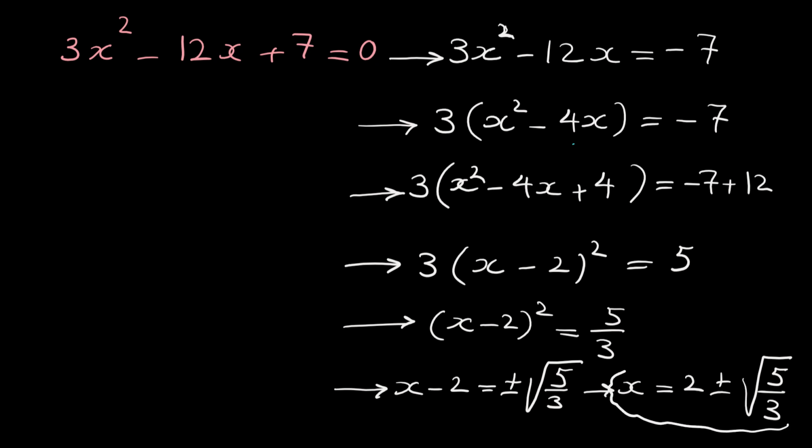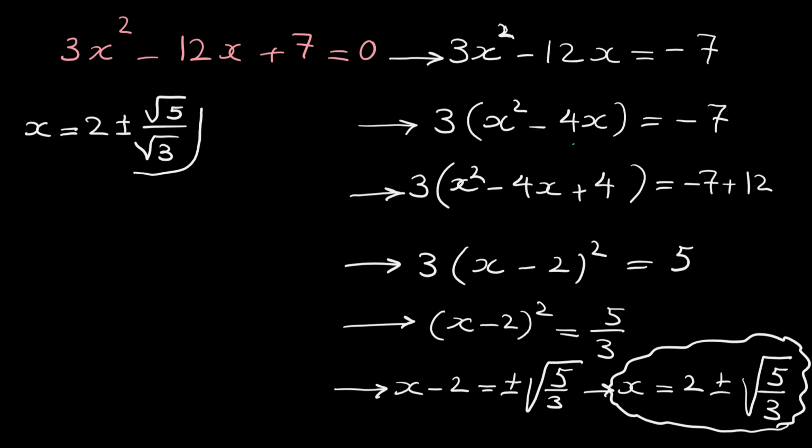If you want, you can rewrite this answer in this form as well. Please attention. What are the answers that we have? 2 plus minus radical 5 over 3 can be written as radical 5 over radical 3. If you like, this is optional, you can rationalize this expression.